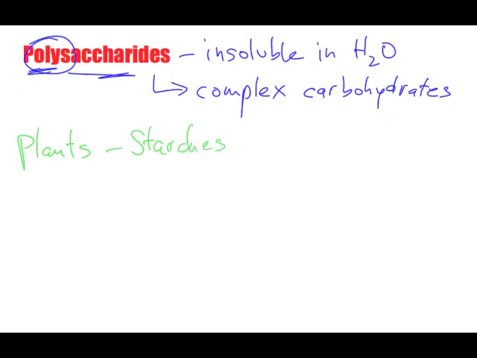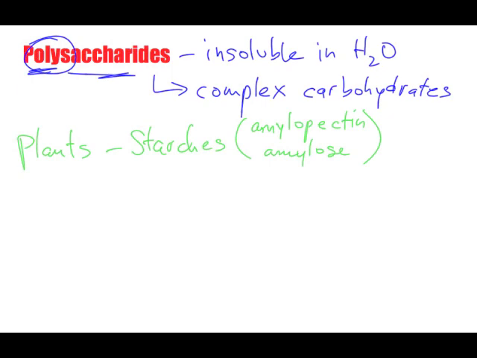These starches are a mixture of two different types of polysaccharides: amylopectin and the second one, amylose. Both amylose and amylopectin are really repeating.